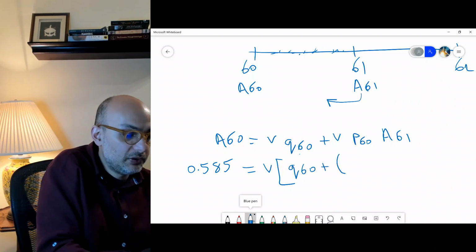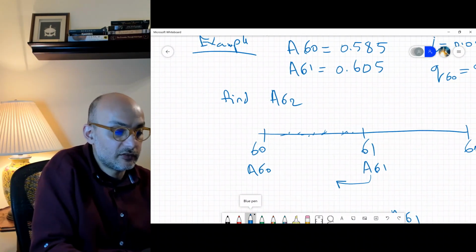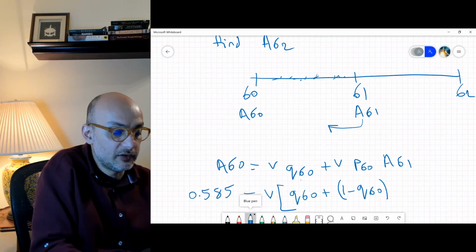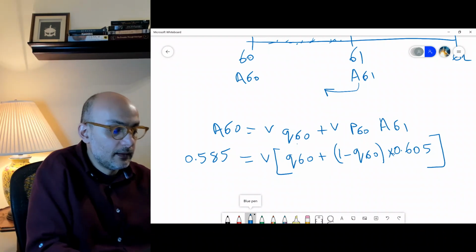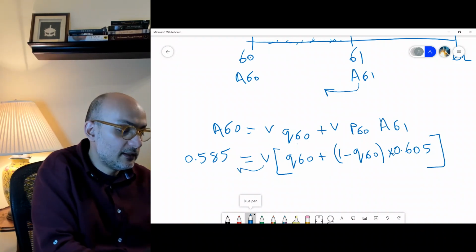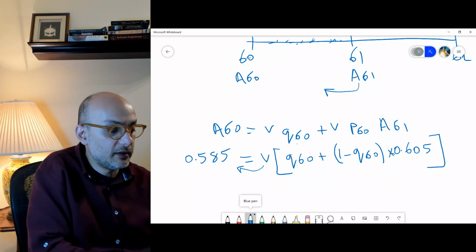But now p60 is 1 minus q60. What is a61? Let's look at a61, 0.605. Now the v, we can take it here, so it becomes 1 plus i.